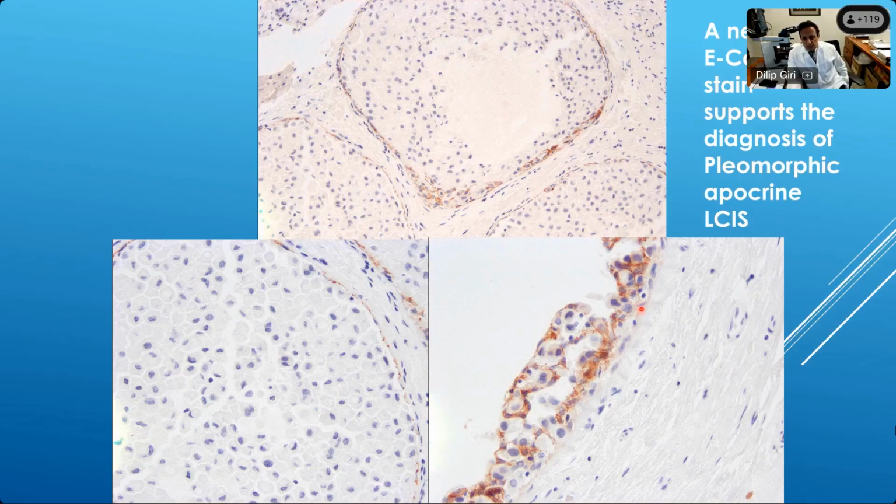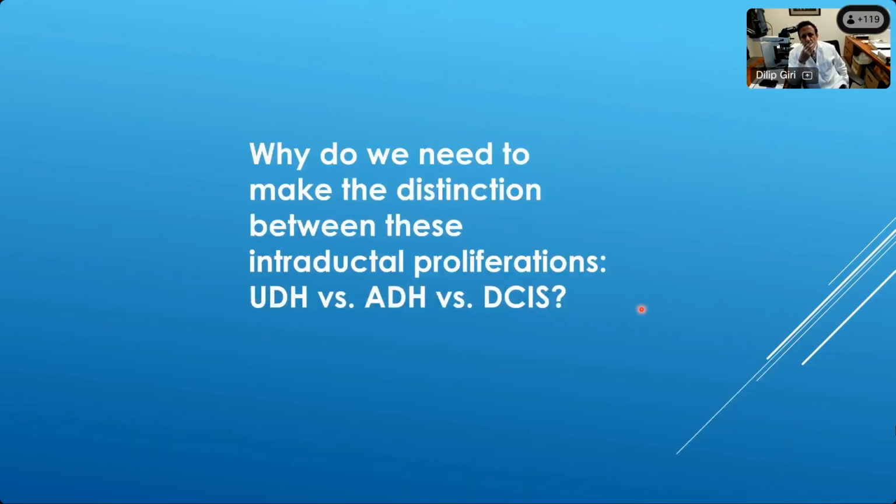So as I told you, the use of immunohistochemistry is valuable in resolving difficult problems when it comes to ductal proliferations. Your initial starting point has to be morphologic, and you should be guided by morphology in what kinds of stains you order.